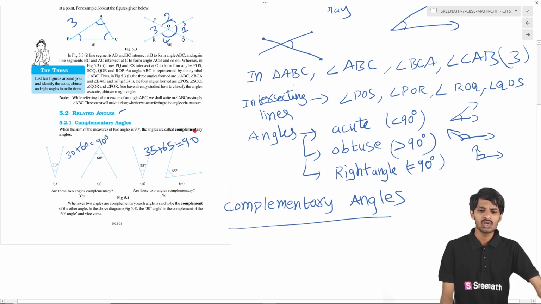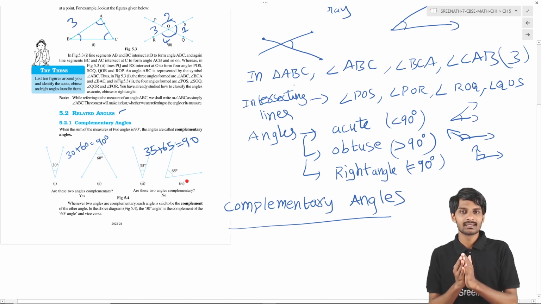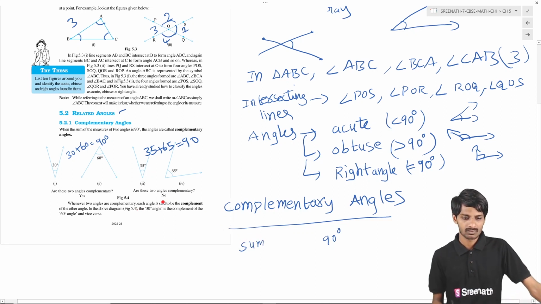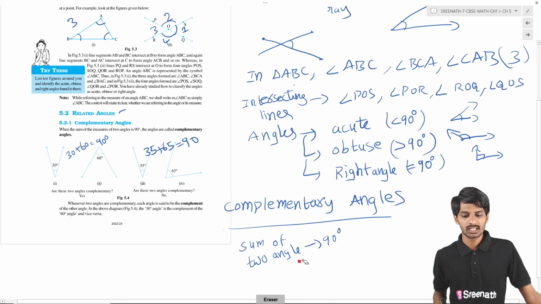So what are complementary angles? Whenever two angles are added, if the sum of the two angles is 90 degrees, then we say those are complementary angles, students.